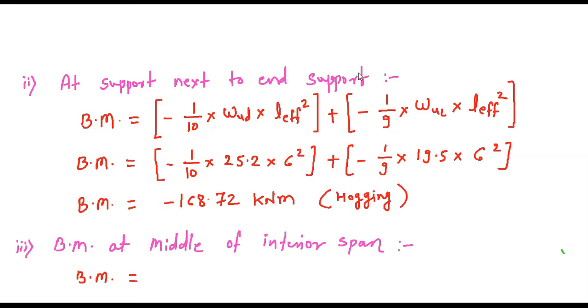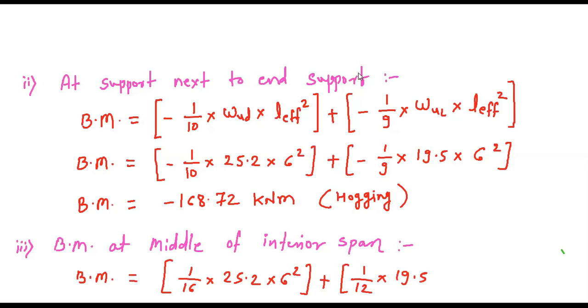So here, this is 1 by 16 into our dead load 25.2 into 6 square, plus the other coefficient 1 by 12 into 19.5 into 6 square.